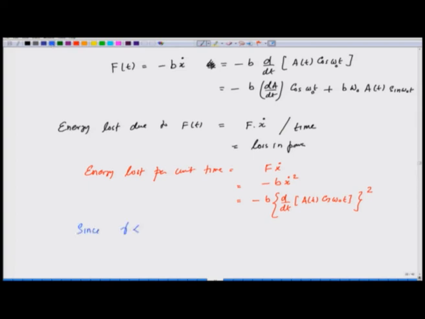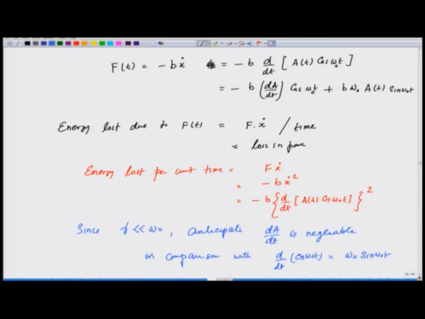Now, since I am going to make some approximation, since gamma is much less than omega 0, anticipate that dA/dt is negligible in comparison with d by dt of cosine omega 0 t, which is of the form omega 0 sine of omega 0 t, right.